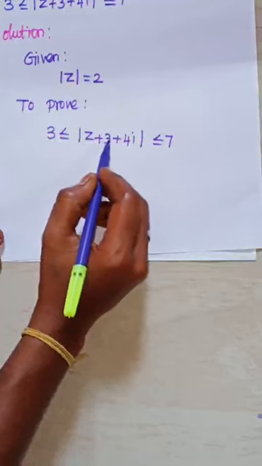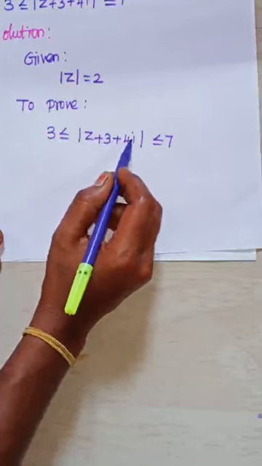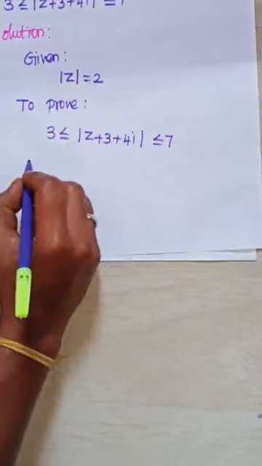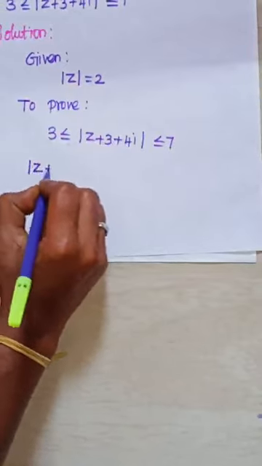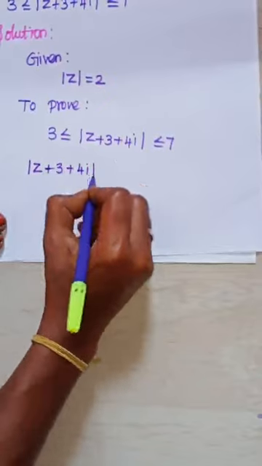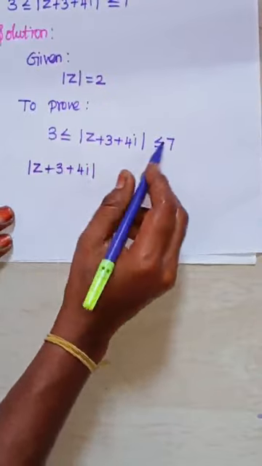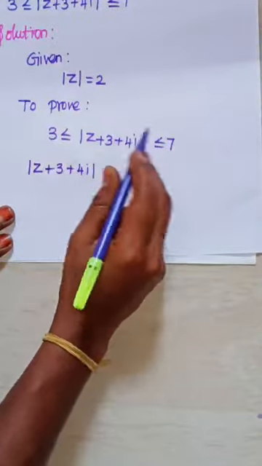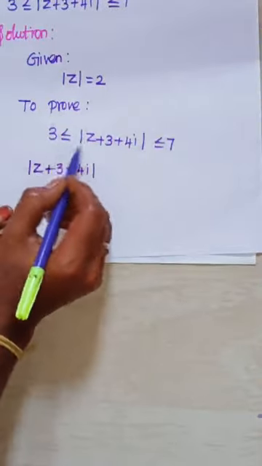Modulus z plus 3 plus 4i can be written so that we prove first this inequality and then this inequality.